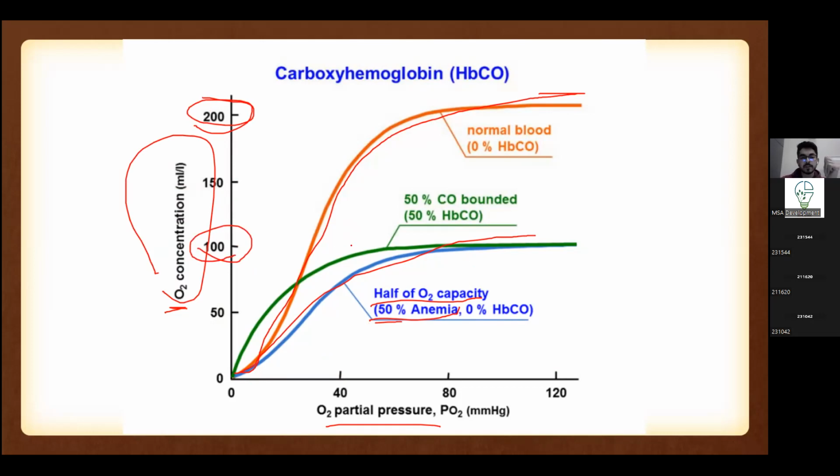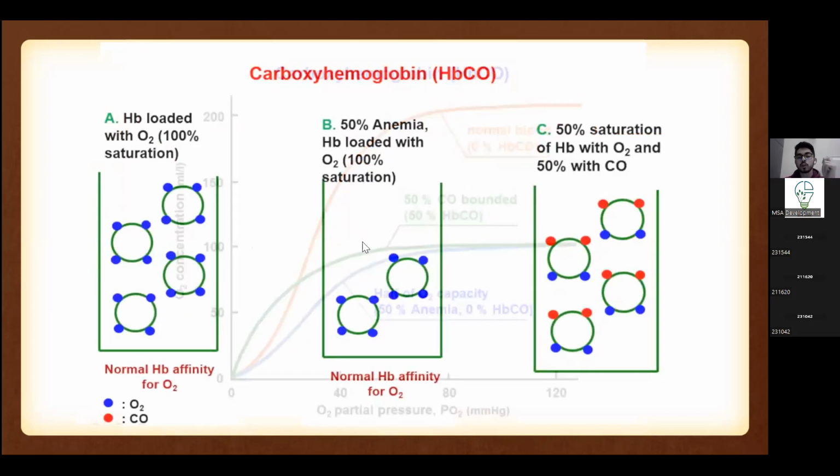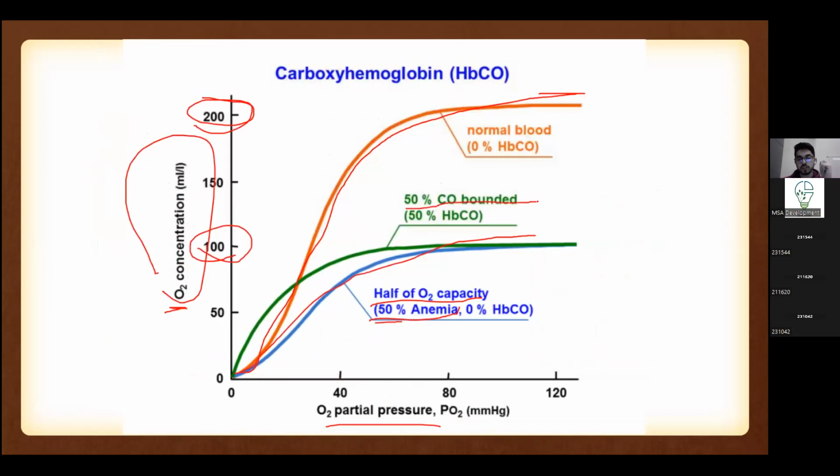The third graph is the green graph, and it's the one associated with carbon monoxide binding in the place of oxygen. In this example, you can see that concentration is halved and saturation is halved. Again, this is a concentration graph, so we're only concerned with concentration right now.